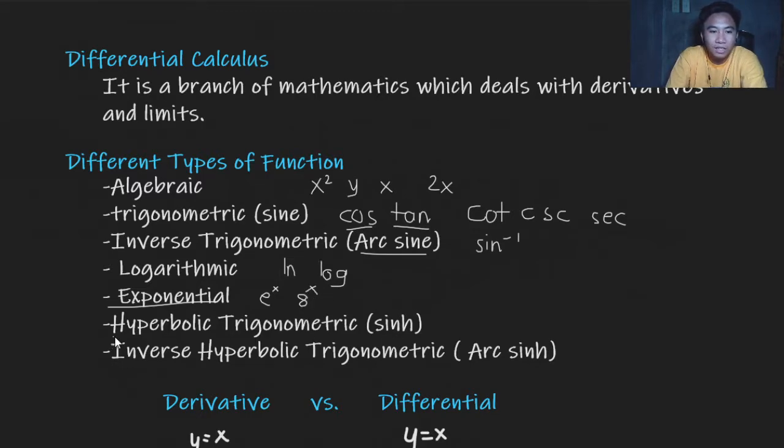And then next is hyperbolic trigonometric function. So, hypersine, hypercosine, hypertangent, hypercotangent, hypercosecant, at hypersecant. Sine H. And next is inverse hyperbolic trigonometric function. Halos same lang siya sa inverse trigo, meron lang talaga siyang H.